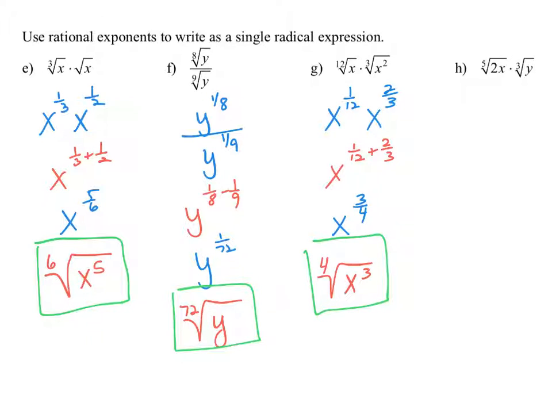In example H, the 5th root of 2x can be written as 2 to the 1/5 x to the 1/5. And the cube root of y can be written as y to the 1/3. Now, in order to write this as a single radical expression, we do need to get a common denominator for all those exponents.